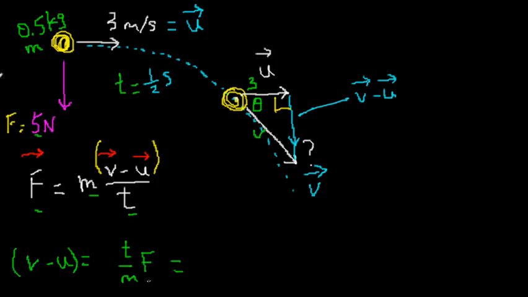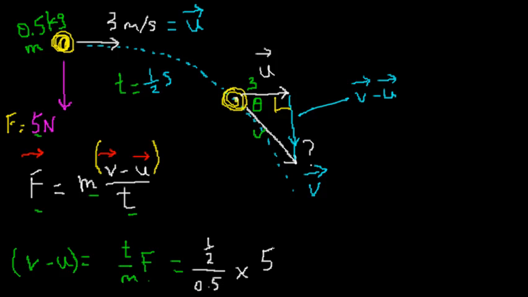I would calculate this as t, which is half, divided by m, which is 0.5, and multiplied by F, which is 5.